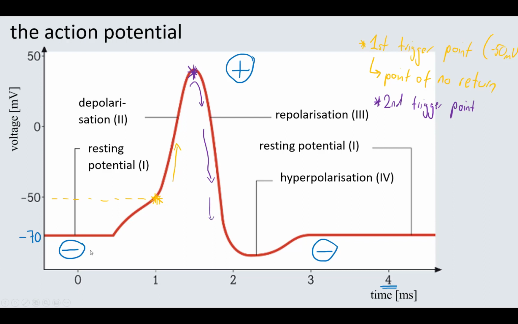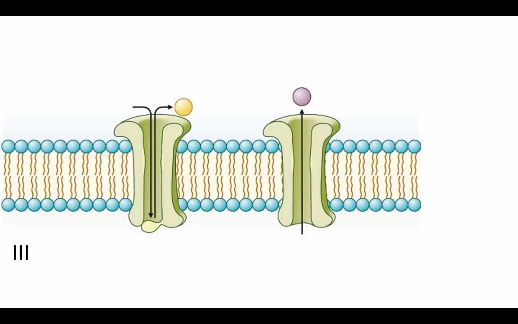So if we now look at the third phase, the sodium has done its job. The sodium has entered the cell, but now it's up to the potassium. So we look at the other side. These potassium channels are designed to open as soon as we hit plus 30 millivolts.